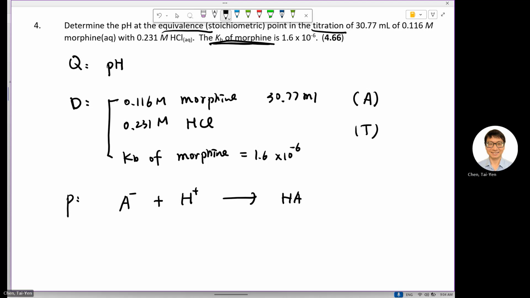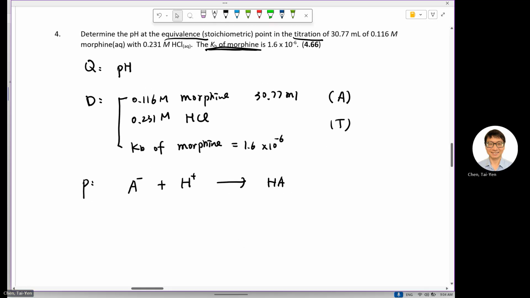All right. Once you have this, if you read this question very carefully, you know you want to calculate pH at equivalence point. Meaning you are going to have the same amount of A minus and H plus. Equivalence point means you have the same amount of titrant and analyte.